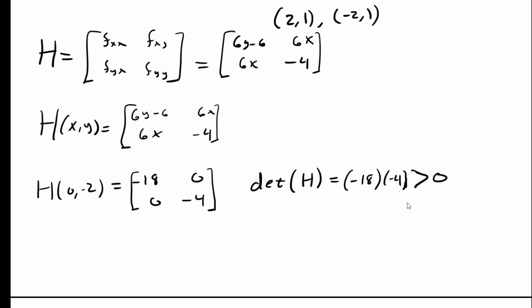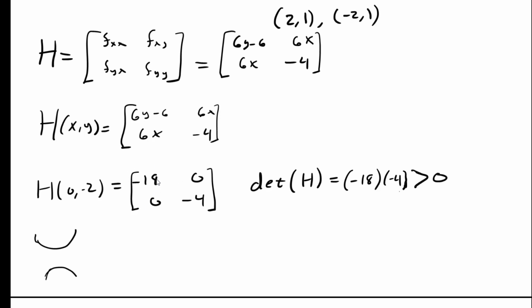Okay, so since this is positive, that means that this surface at this point is either a local maximum or a local minimum, like this. Technically what I should check is the trace, when I add the diagonal components together, or I could just check one of them individually. That's what the book suggests.